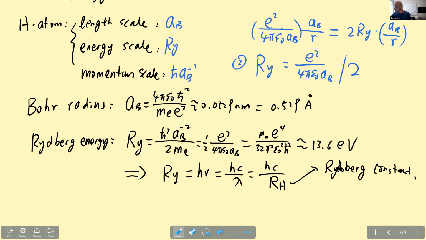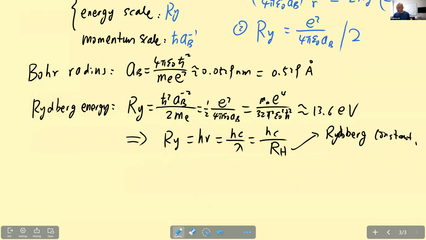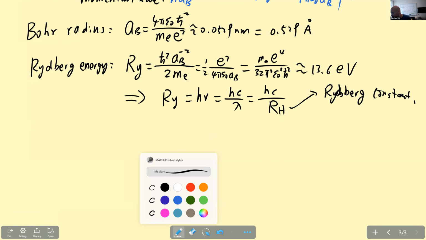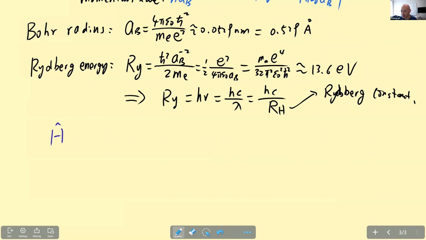Now, if we write this down in this length scale, the Hamiltonian just becomes the Rydberg energy times minus the Laplacian squared plus 2 over r.